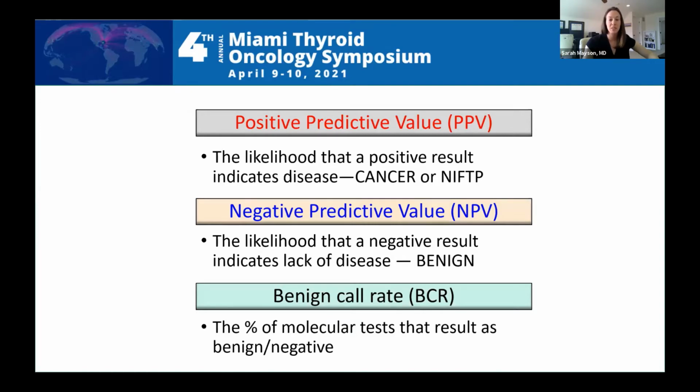And you will also hear me speak about benign call rates today, and you may not be as familiar with this term, but this is the percentage of tests that yield a negative result, such as in a particular study cohort. And if a particular test has a high negative predictive value, then the benign call rate will reflect those patients who are managed the same as those who have benign cytology.